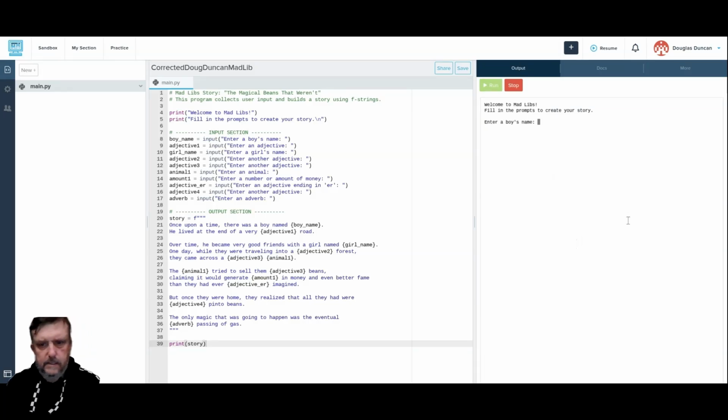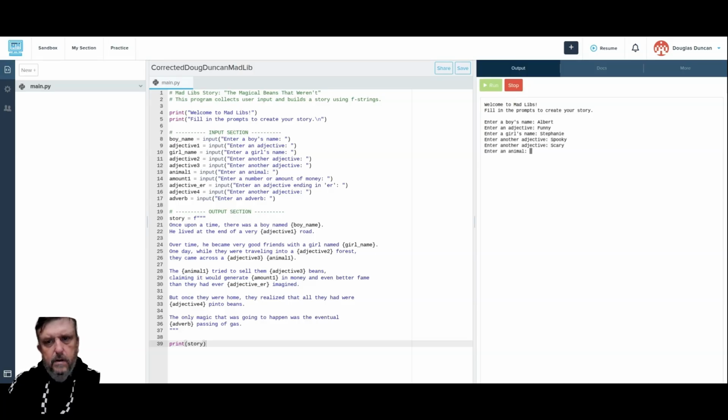So let's connect the server. Enter a boy's name. We're going to go with Albert. Enter an adjective. Funny. Enter a girl's name. We'll go with Stephanie. Enter another adjective. We'll go with spooky. Enter another adjective. We'll go with scary.